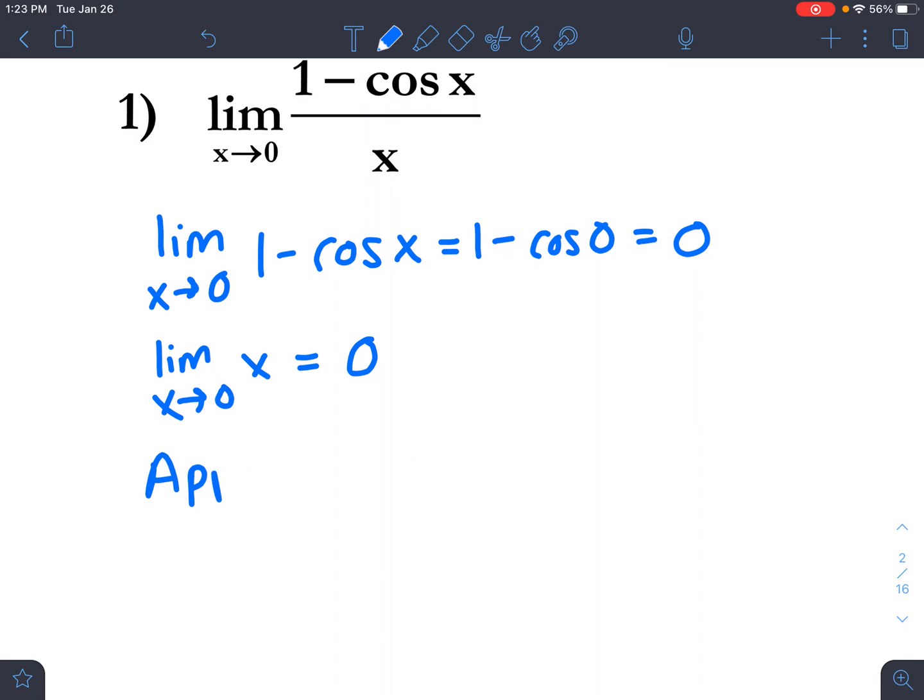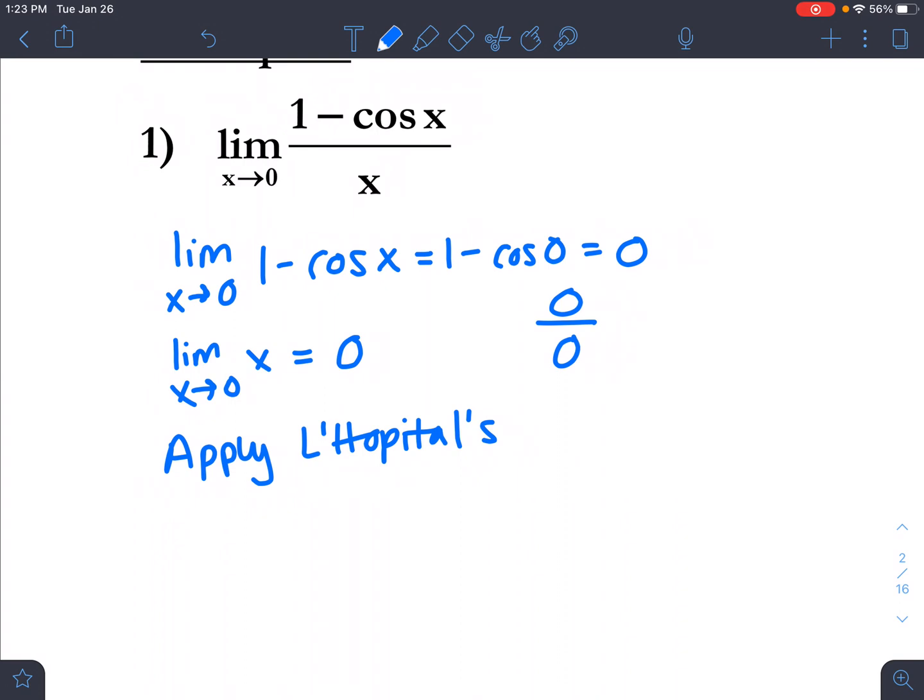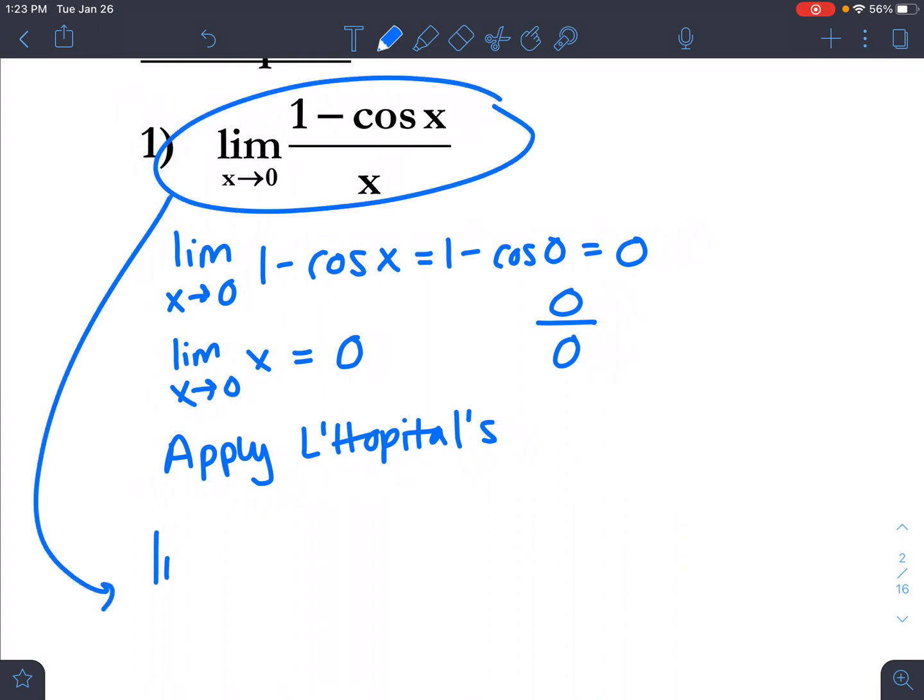And so we're going to apply L'Hopital's rule. The reason we can do that is because I got numerator over denominator 0 over 0. So take this, we're still going to be finding the limit as x approaches 0, but I'm going to take the derivative of the numerator. Derivative of 1 is 0.